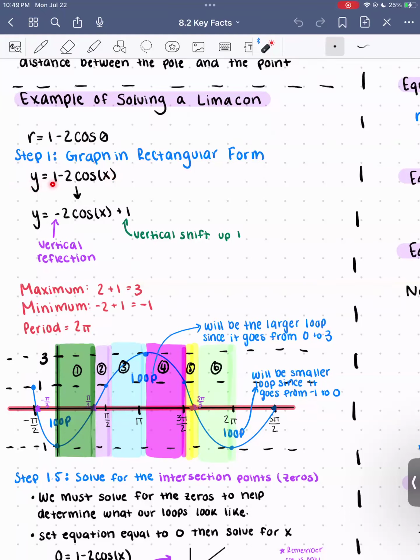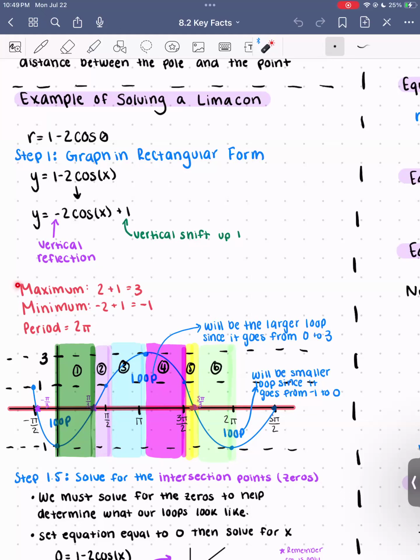So we get y is equal to 1 minus 2 cosine of x. If we rearrange that, it can also be written as y is equal to negative 2 cosine of x plus 1. What we know is 2 is our amplitude. We have a negative sign here, so that means there's been a vertical reflection. And the plus 1 means we have a vertical shift up 1.